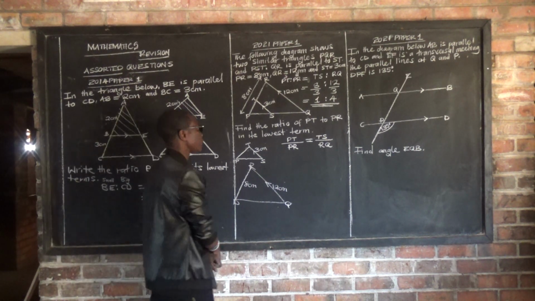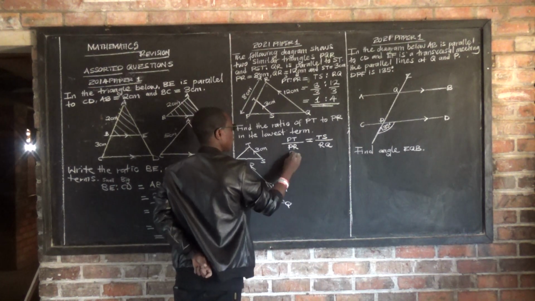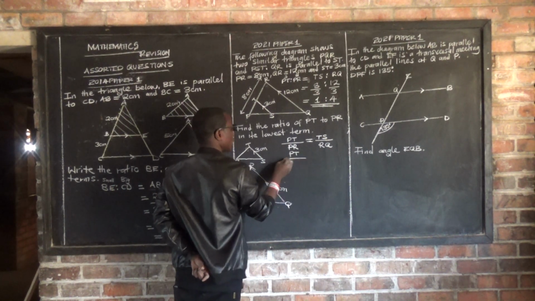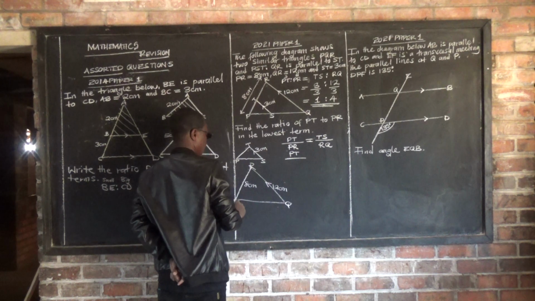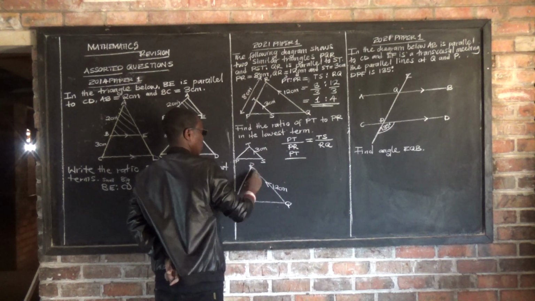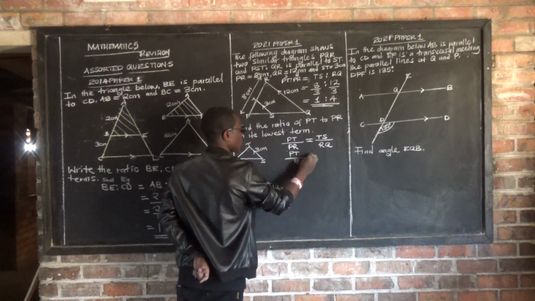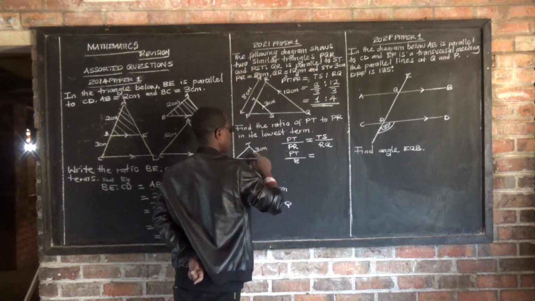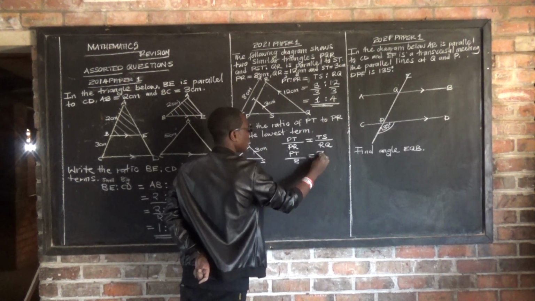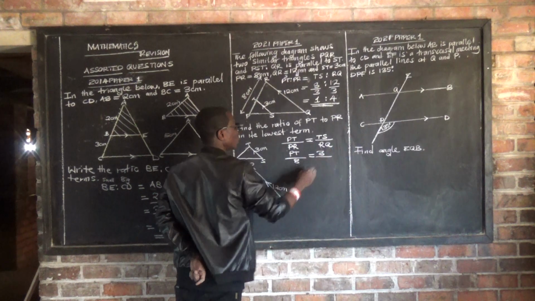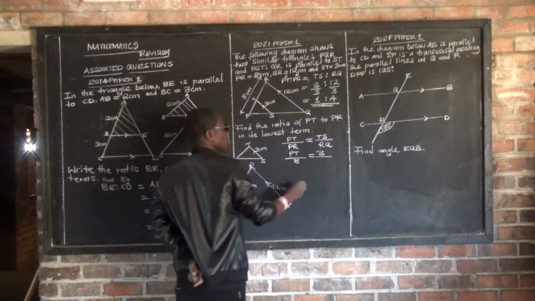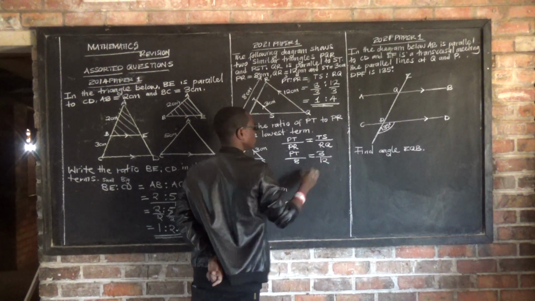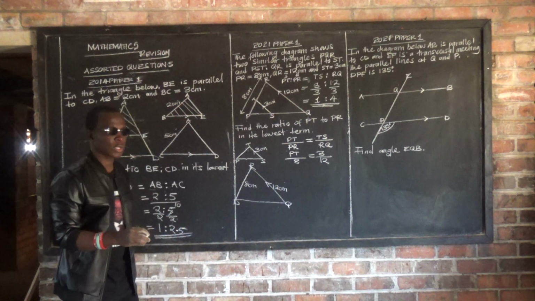So PT over PR. PR is 8, is equal to TS 3 over RQ 12. Are we together? Is it okay?